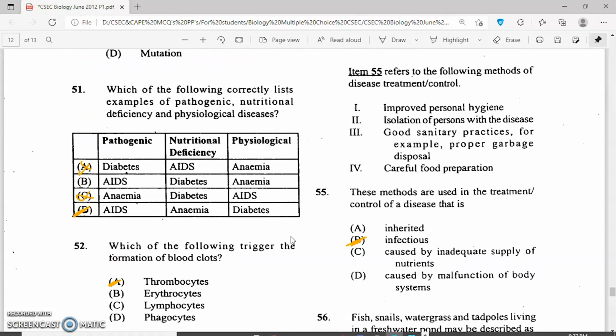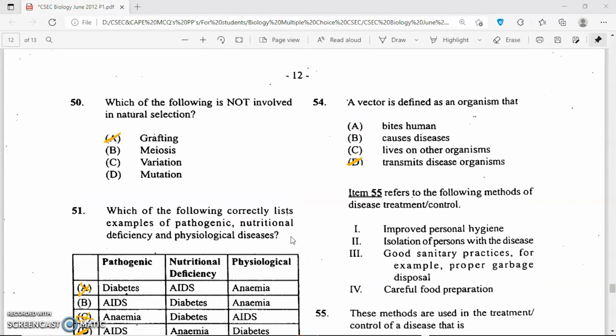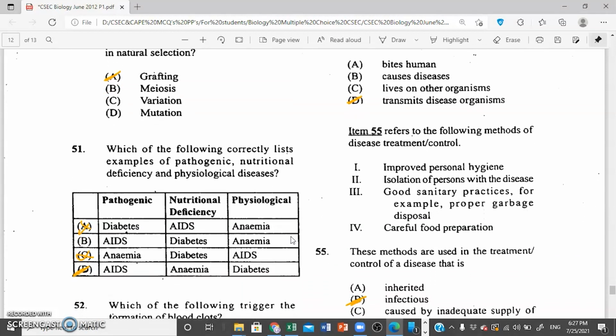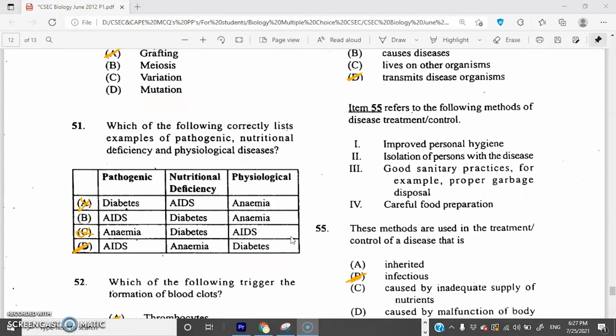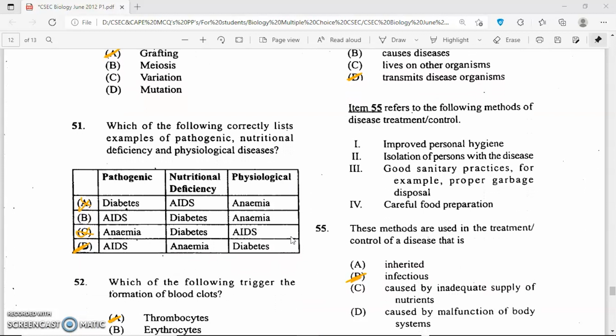Let's look at 54. Okay, a vector is defined as an organism that A, bites humans, B, causes disease, C, lives on other organisms, D, transmits disease organism. So the answer here is D, transmits disease organism. Item 55 refers to the following methods of disease treatment or control.